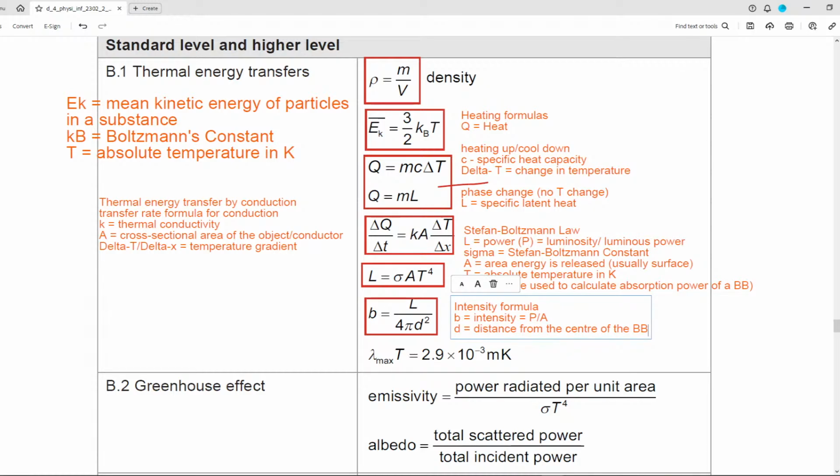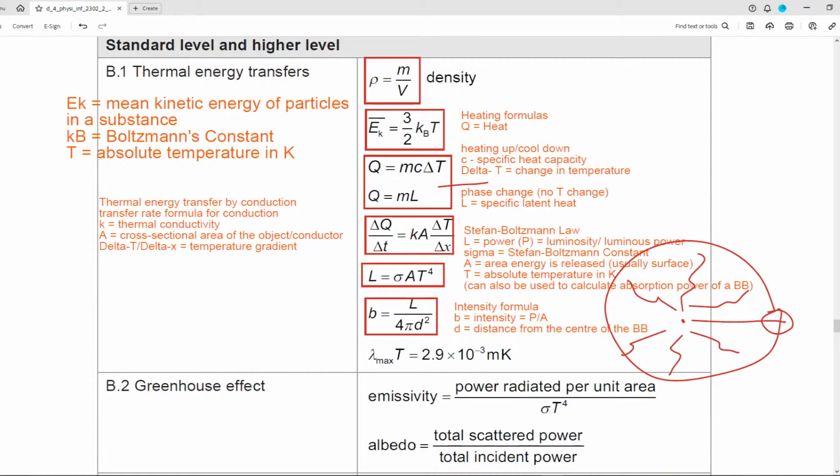You may be able to use sigma times T to the fourth to calculate if you're on a surface, but if you are way off, like this is the sun, the black body, and you're way out here, then you actually have to calculate the entire surface area because radiation goes in all directions, right?